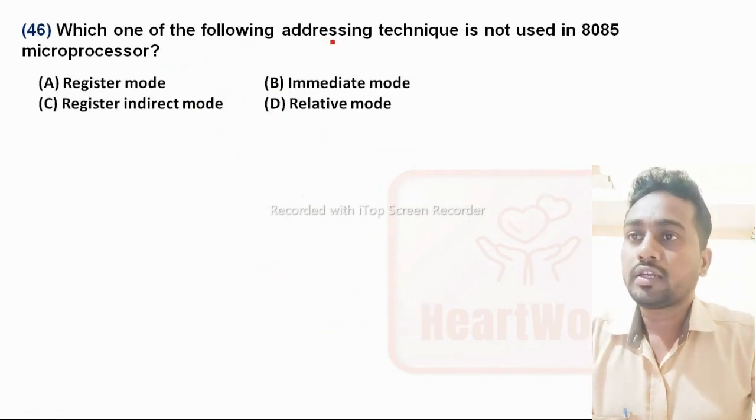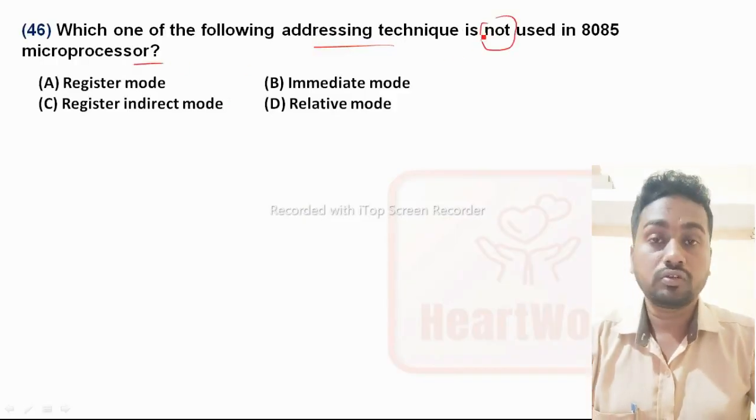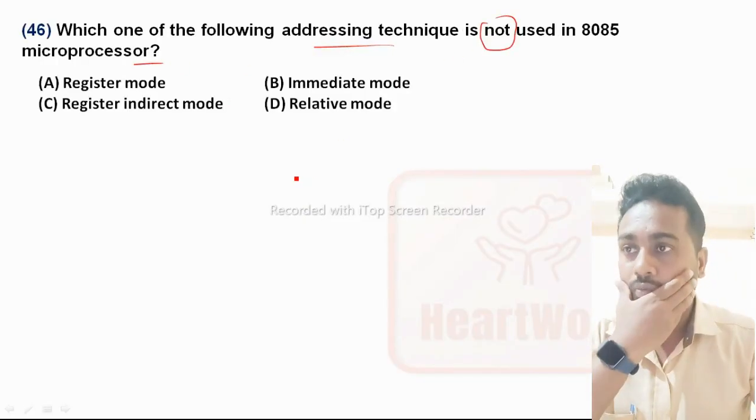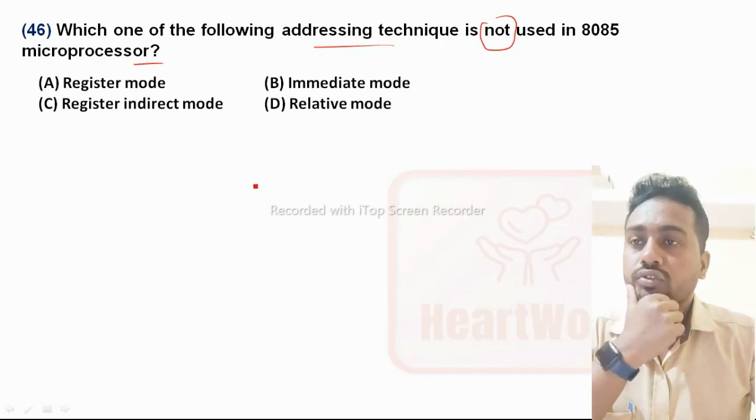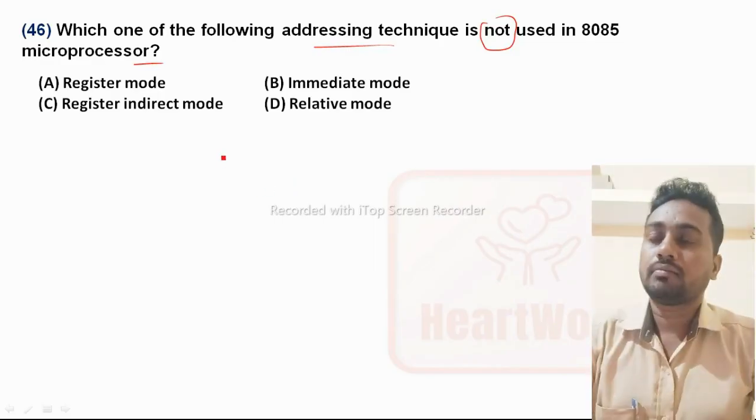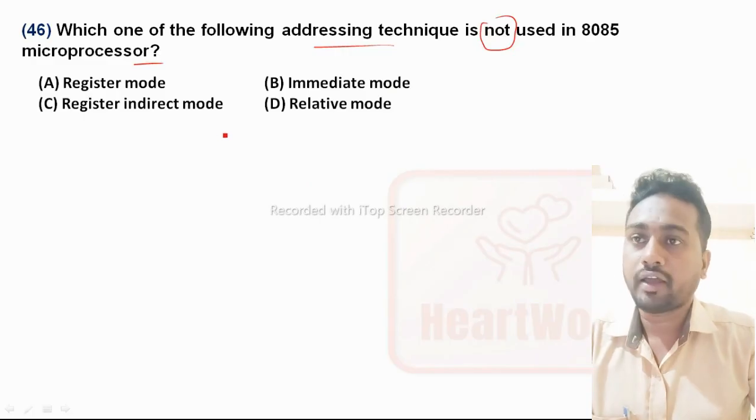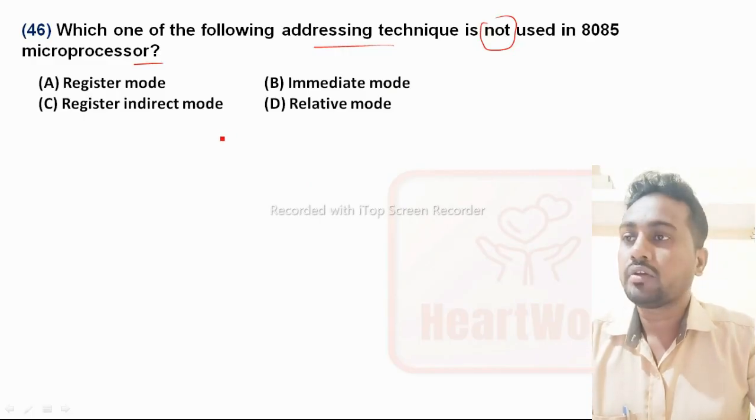Which one of the following addressing techniques is not used in the 8085 microprocessor? The 8085 microprocessor has 5 types of addressing mode.